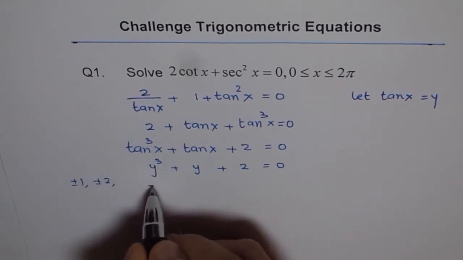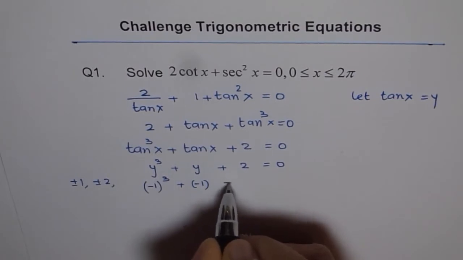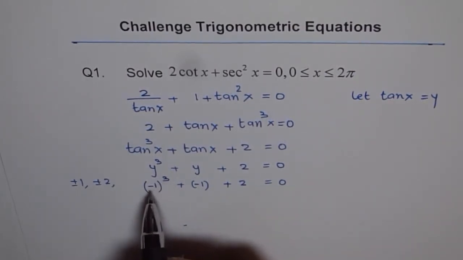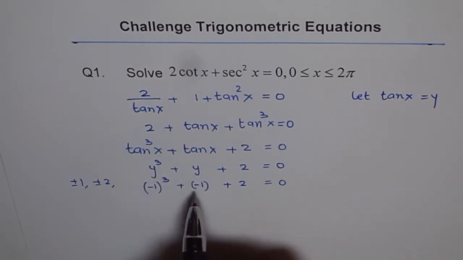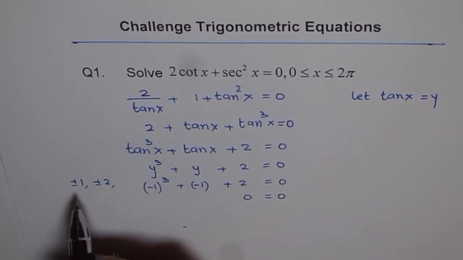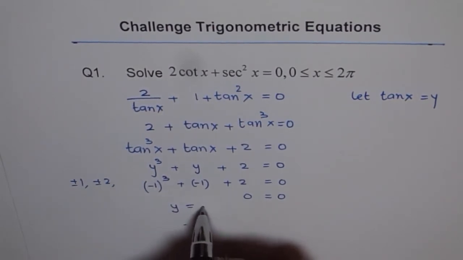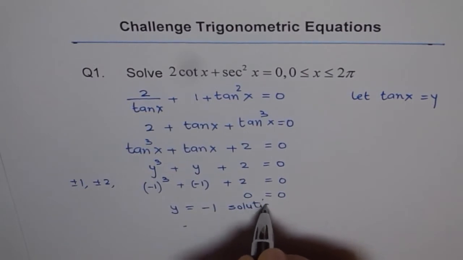Minus 1 cube plus minus 1 plus 2: minus 1 cube is minus 1, and when you add them, you get minus 2, plus 2, so you get 0 equals 0, right? So that means y equals minus 1 is a solution for this equation.